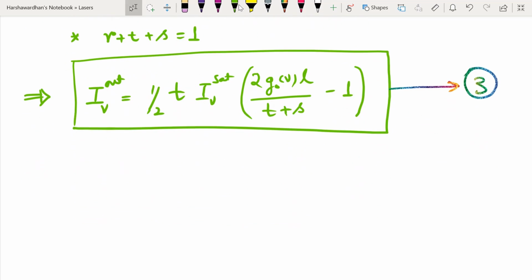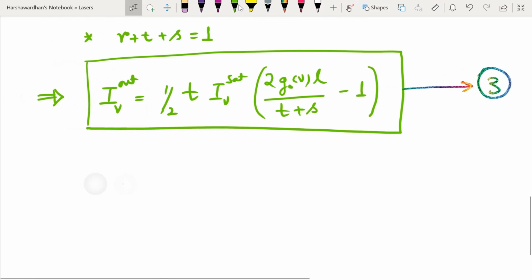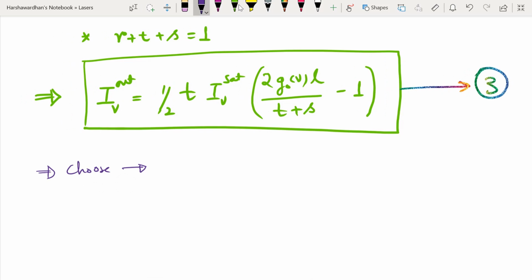So you see, I have got now my output intensity, and the following is true. If I choose my lasing medium, that would mean that I have chosen essentially my system. So my I nu saturation gets chosen. My pumping mechanism, for example, is also chosen, the lasing system. So my G naught of nu gets fixed.